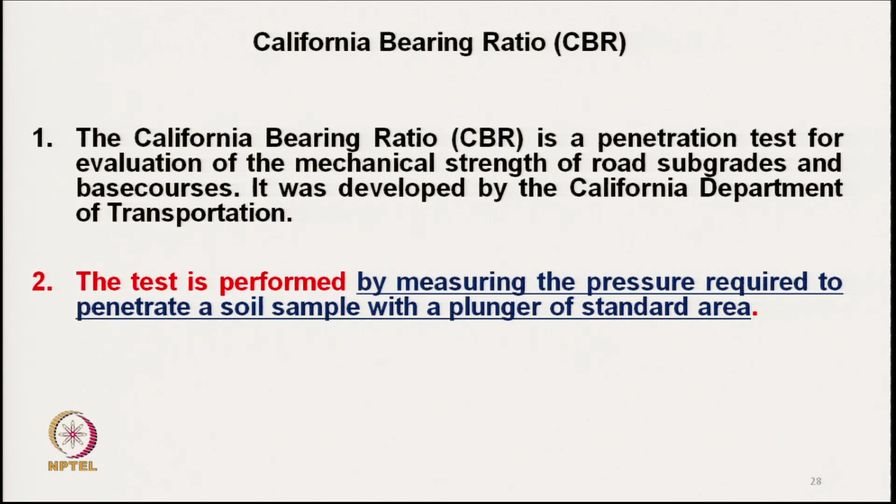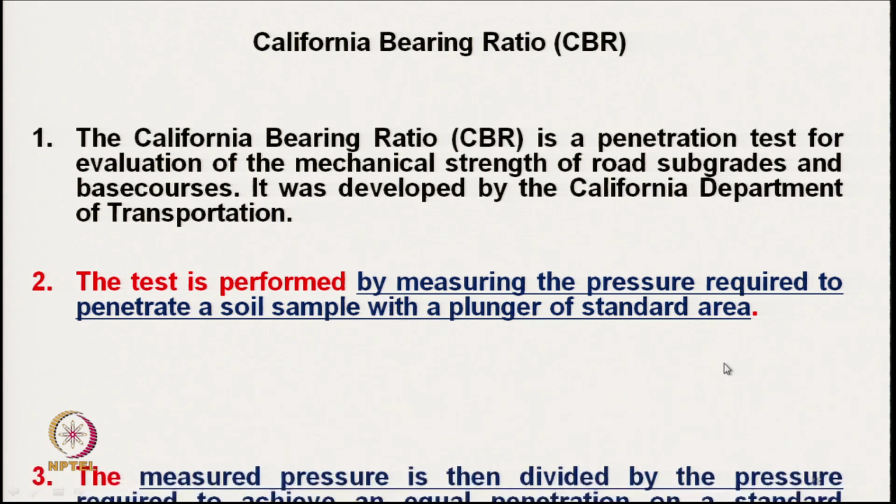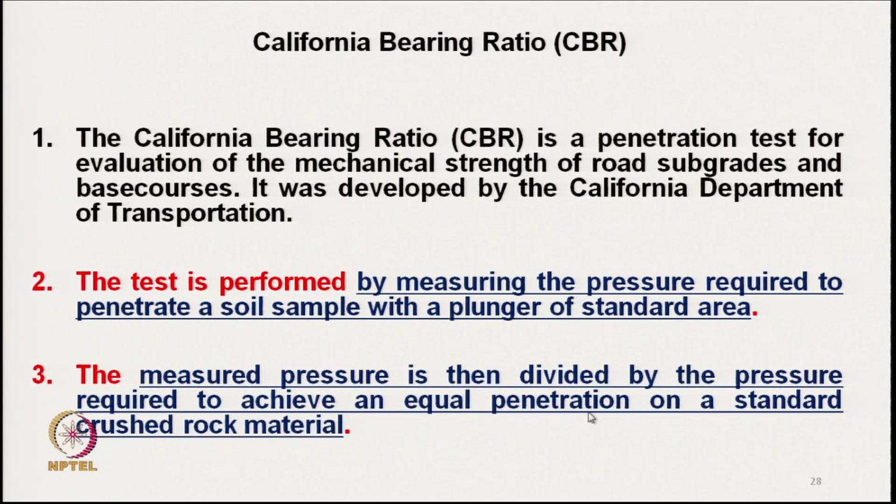The test is performed by measuring the pressure required to penetrate a soil sample with a plunger of standard area. The measured pressure is then divided by the pressure required to achieve an equal penetration on a standard crushed rock material. This standard crushed rock material is very hard, and if we compare the pressure required with the actual specimen, then we get the ratio that is called California bearing ratio.